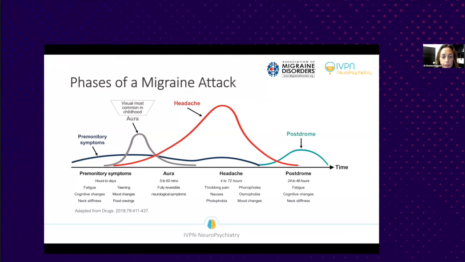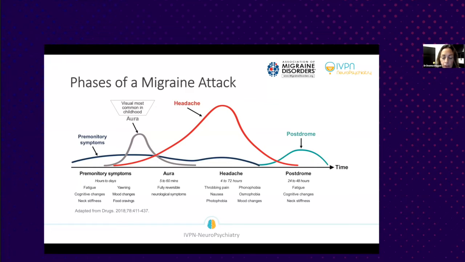Not all children or individuals with migraines experience an aura, but if they were to experience an aura, we would see that either before the onset of pain or after the onset of the head pain. And with the aura specifically, this is a cortical event referred to as cortical spreading depression.